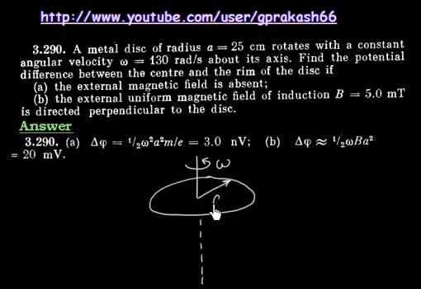So this radius is A. You have to find the potential difference between a point, let us say this is the center O, and a point somewhere here on the rim. That is the thing we have to find: what is the potential difference between point A and B?